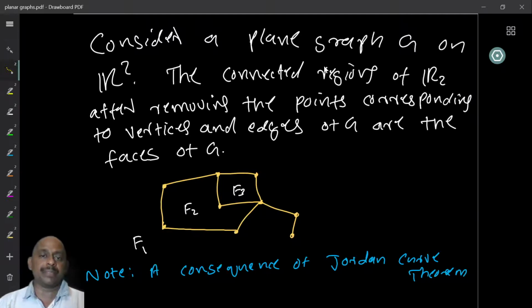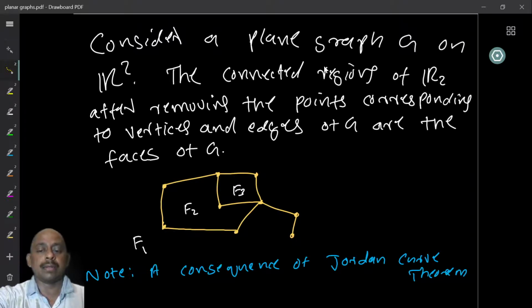Now, this again is intuitively clear, but to prove this is not exactly simple. So we will not go into it. This can be studied in another course. But this is a very famous result called the Jordan curve theorem.